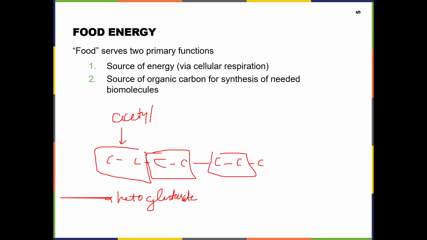The other thing that you need food for is to create monomers. So when you eat protein, your body breaks down the peptide bonds between the amino acids, and then it keeps those amino acids, and when it needs to build a protein, it just grabs those, and the ribosome builds a protein from those amino acids. So when you rebuild human proteins, you're using the amino acids that you got from plant proteins or another animal's proteins.